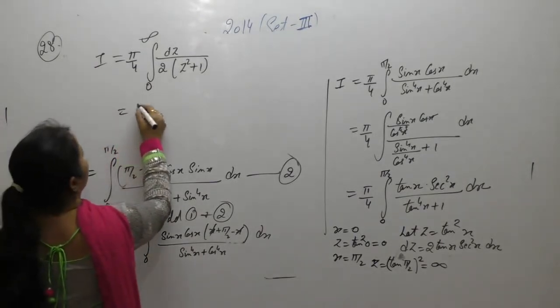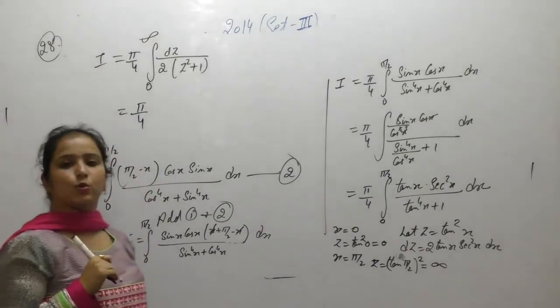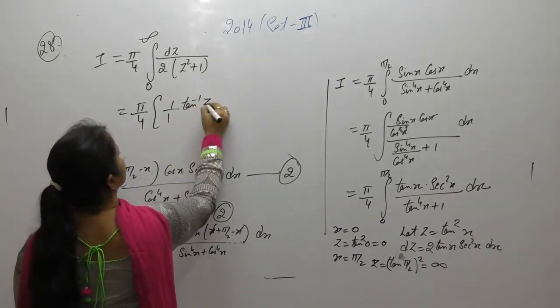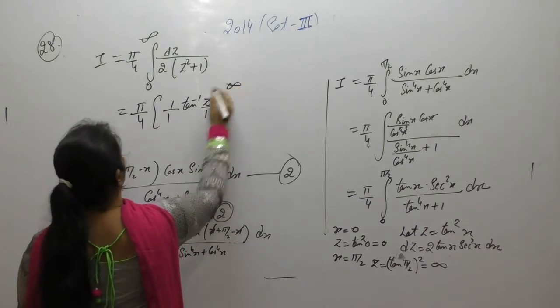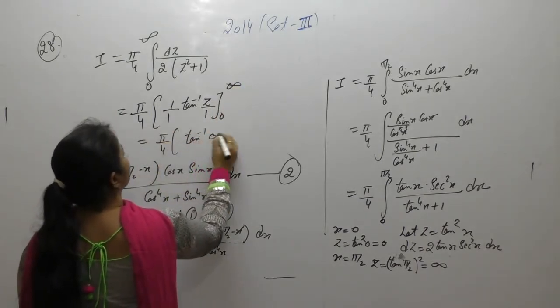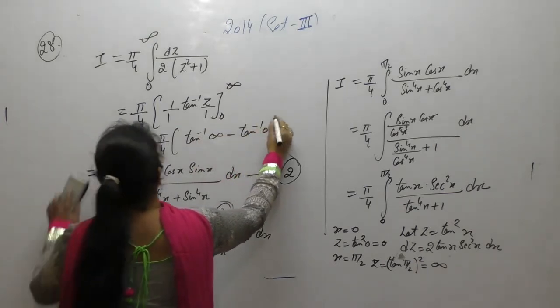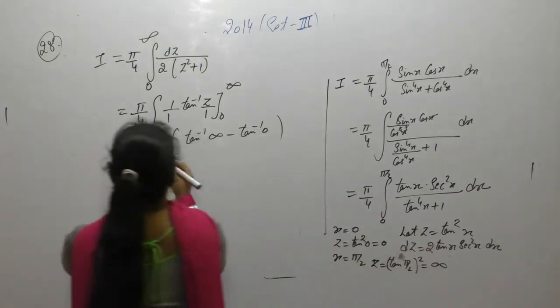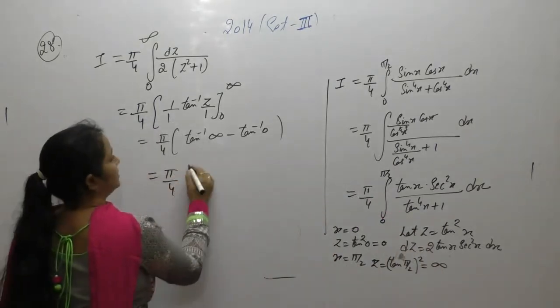Now what is the formula for 1 upon x square plus a square? It is 1 upon a tan inverse x upon a. Put the limits now: pi by 4, tan inverse infinity minus tan inverse 0. Tan inverse infinity has the value pi by 2.